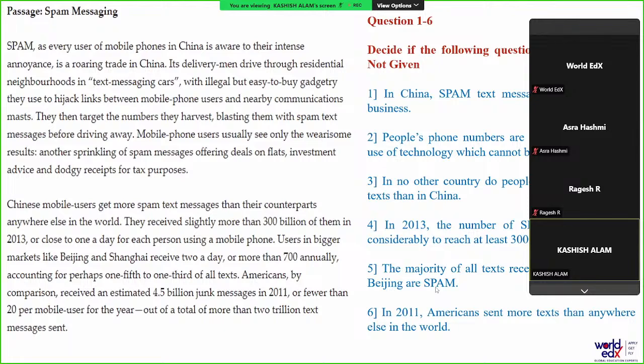So they are talking about the number of text messages received being slightly more than 300 billion. What's the question saying? To reach at least 300 billion. Here, one thing it is contradicting. So is my passage talking about whether the number of spam text messages increased or decreased over the period of time?